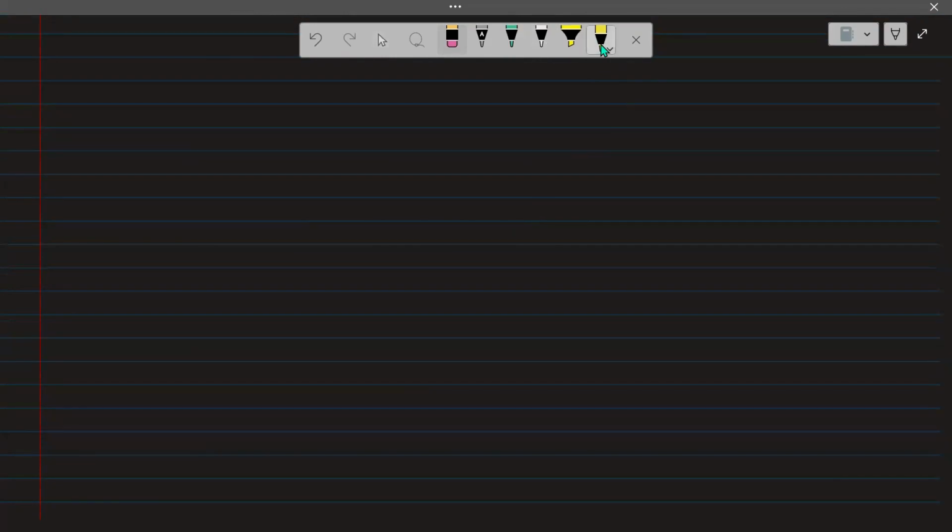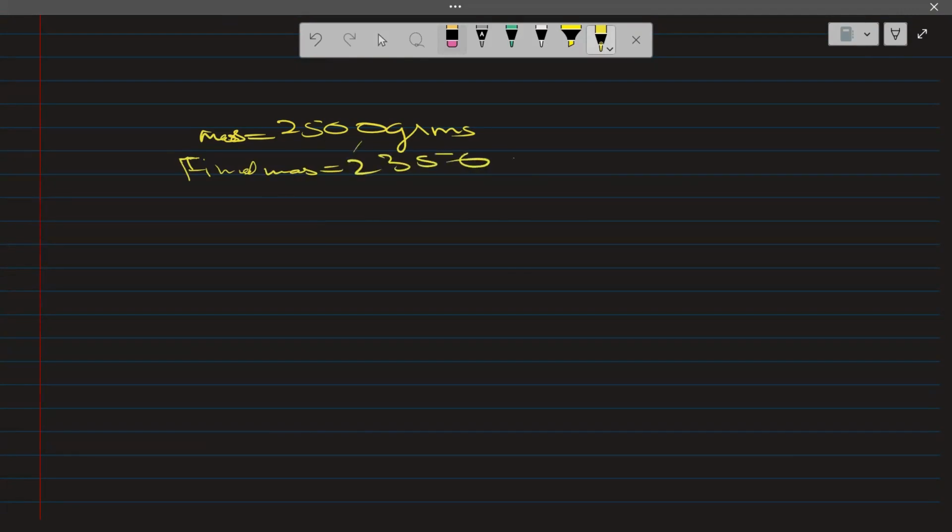Let's do another question. In this, mass is given. Okay, 2500 grams, and from it some mass is lost, and the final mass is 2350 grams.